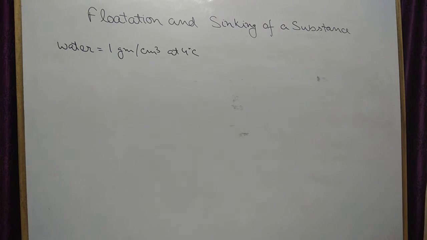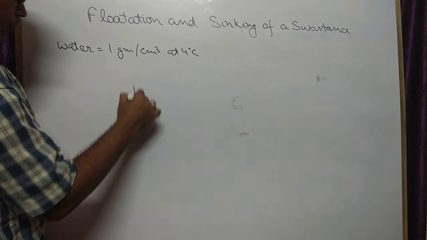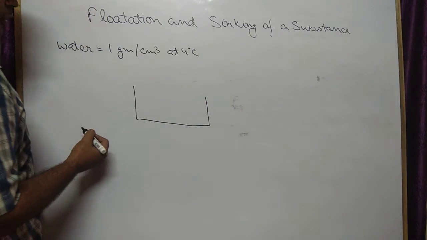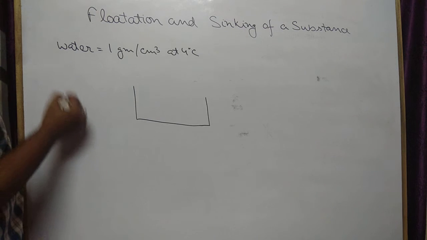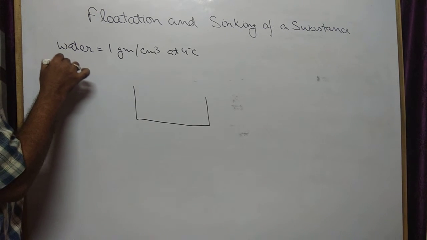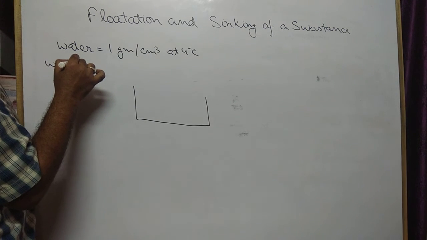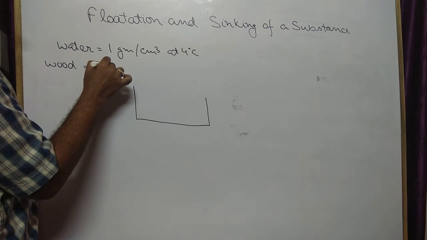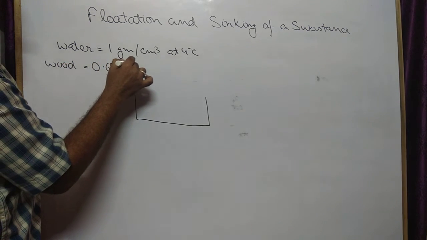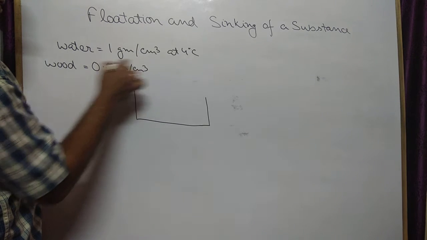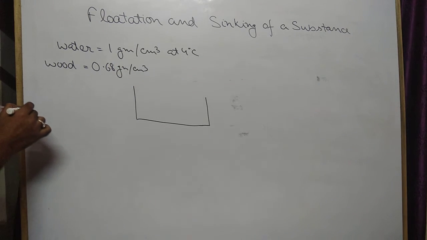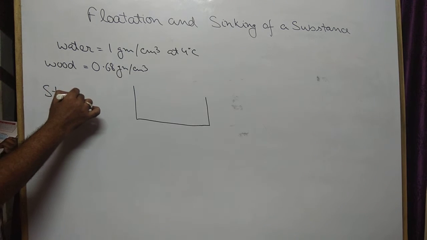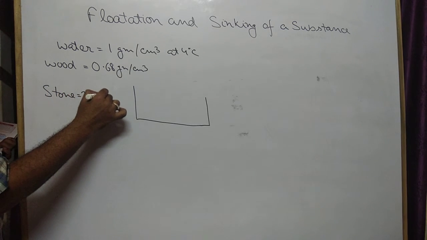So if we take water in a container and take two things, one is wood, whose density is about 0.68 gram per centimeter cube, and then we take some stone having density more than 1 gram per centimeter cube.